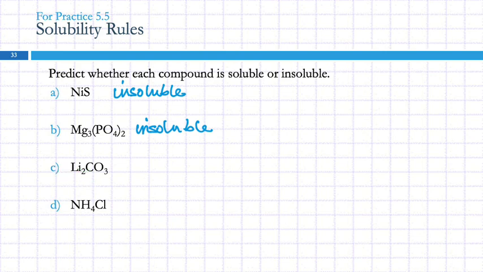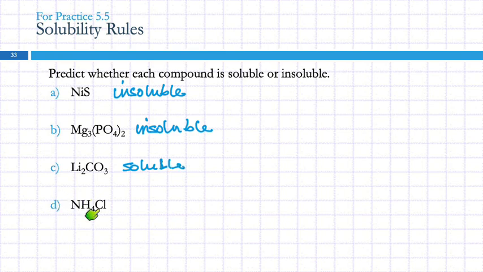Lithium carbonate. Do you remember what that first row is? It's the 1A metals: lithium, sodium, and potassium, and ammonium. If this has lithium in it, all lithium compounds are soluble, no exceptions. So that's going to be soluble.